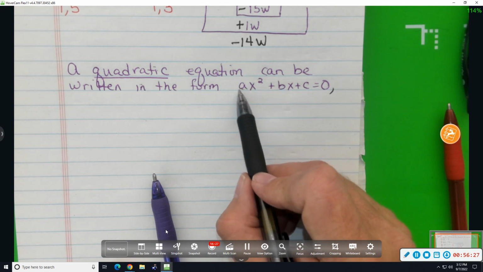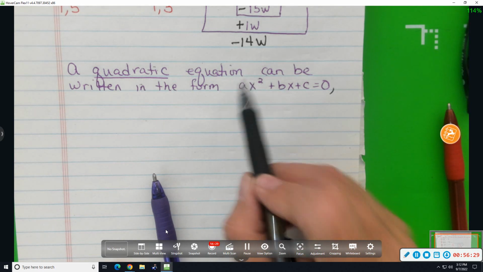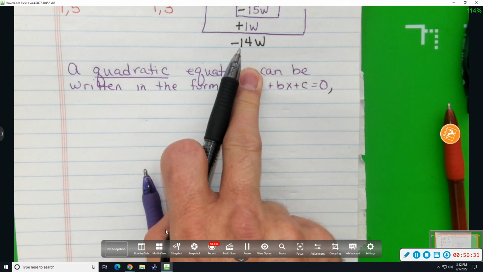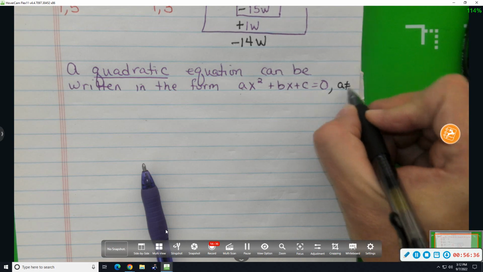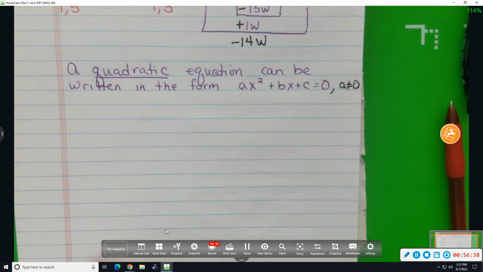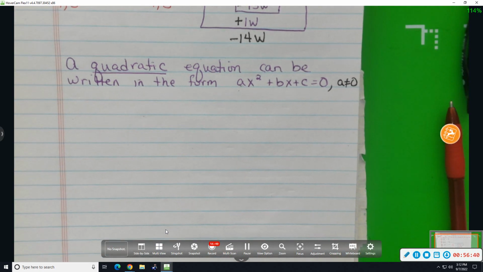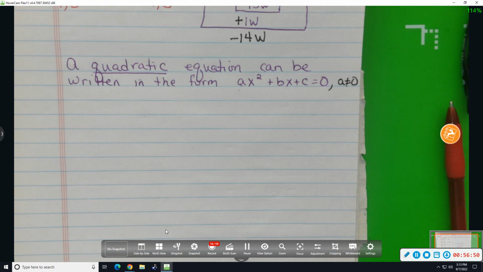What's the one number A couldn't be? Because if it were, we wouldn't have an x squared. 0. So here's my formal definition of a quadratic equation. A quadratic equation can be written in the form ax squared plus bx plus c equals 0. A can't be 0. In other words, a quadratic equation must have an x squared term.